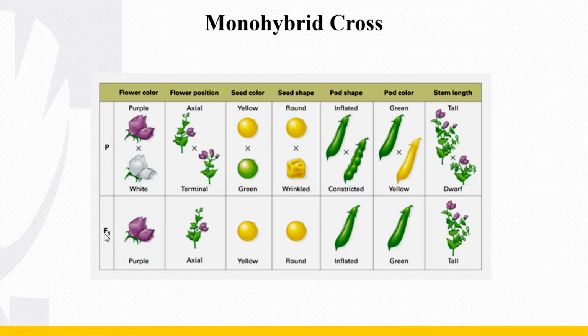And remember that in a monohybrid cross, we're going to have a 3-to-1 phenotypic ratio. So the F1, the dominant trait, is going to produce at least three of those phenotypic, what we see in the field or for that experiment.